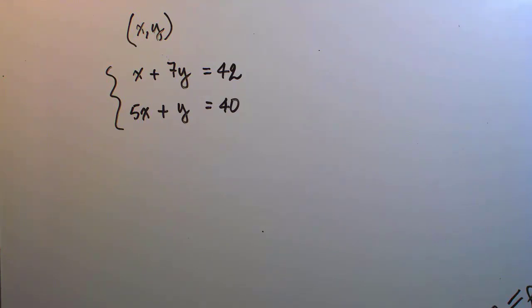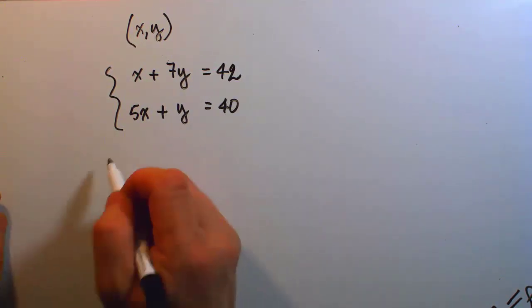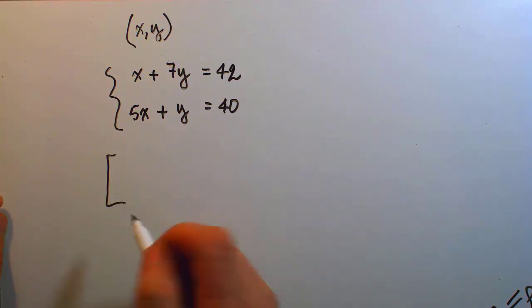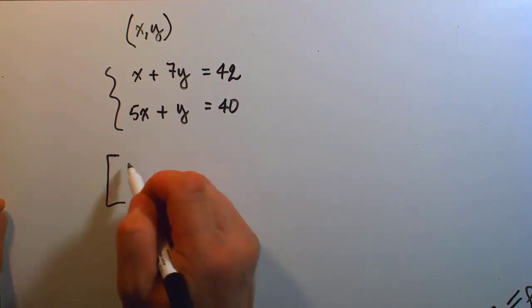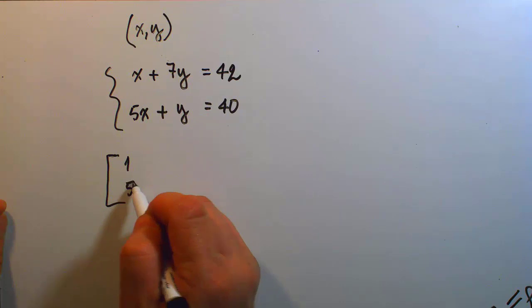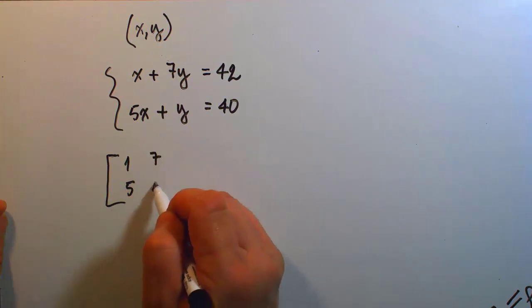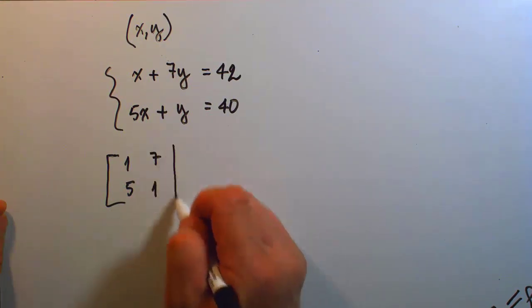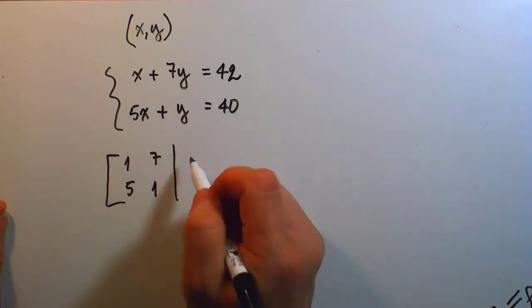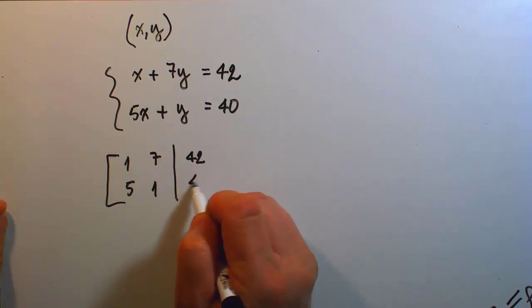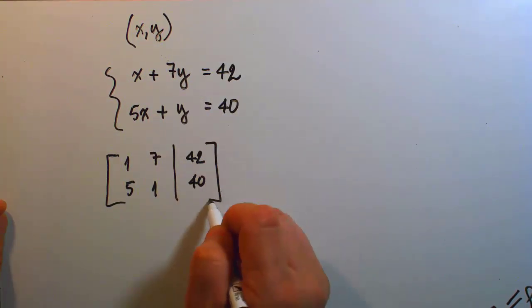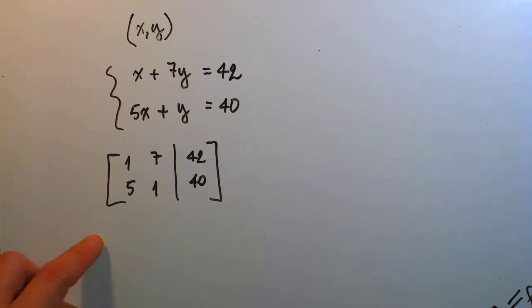And for anybody else who attempts to use the matrix, where eventually a calculator can handle that for us, then the matrix is set up as 1, 5 as one column, 7, 1 as another column, a vertical line for the equal signs, 42 and 40 as a third column. And what we have here, remind yourself, is an augmented matrix, where the learning material about this has been quite recent for us.